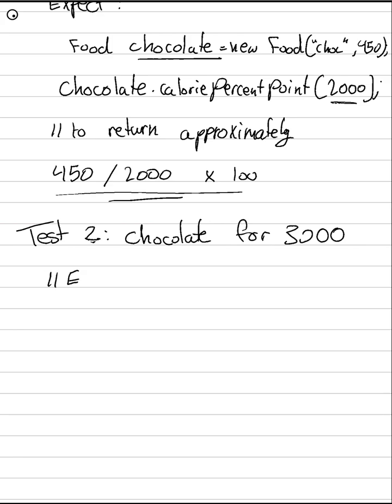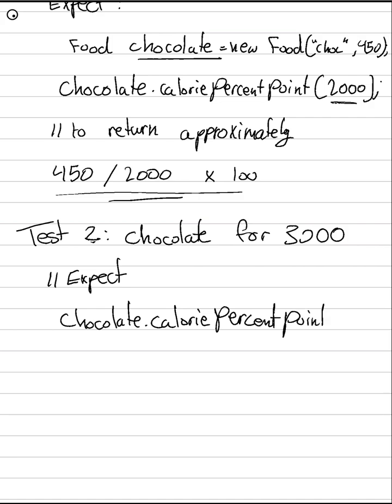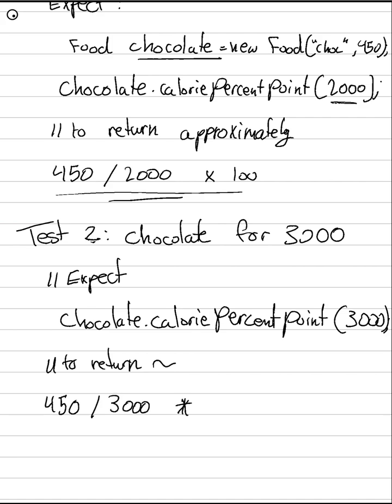Then we expect chocolate.caloriePercentage of 3,000 to return approximately 450 divided by 3,000 multiplied by 100. Does that make sense?